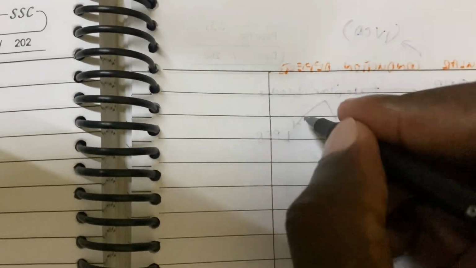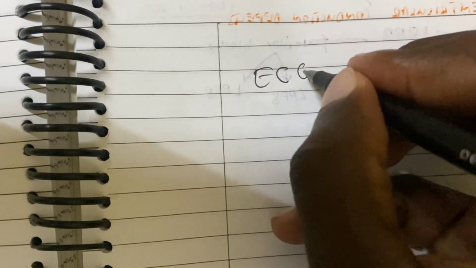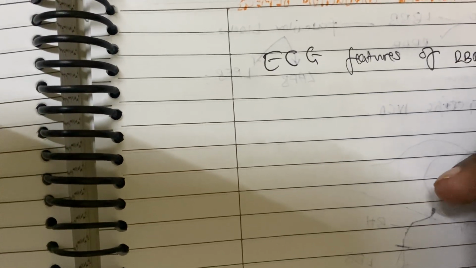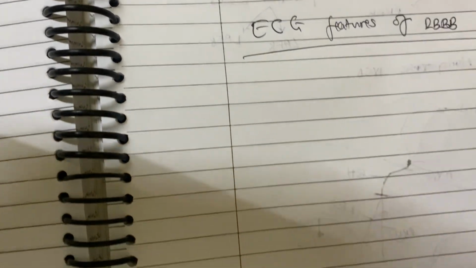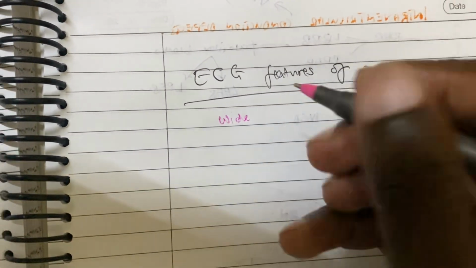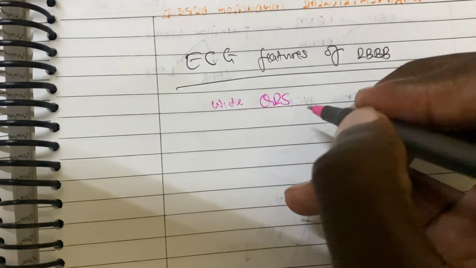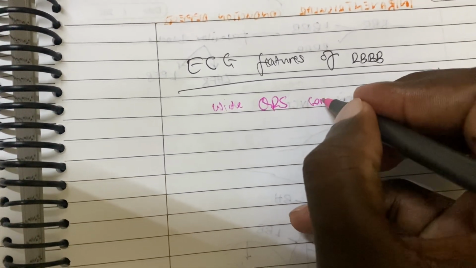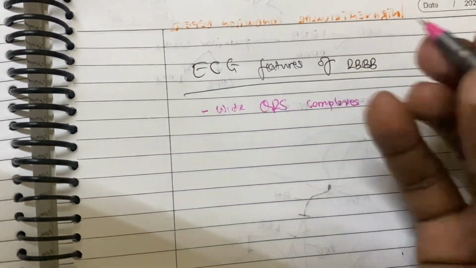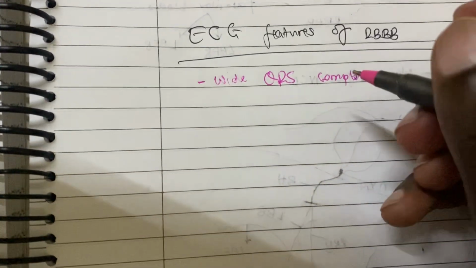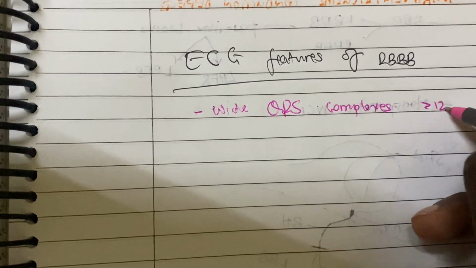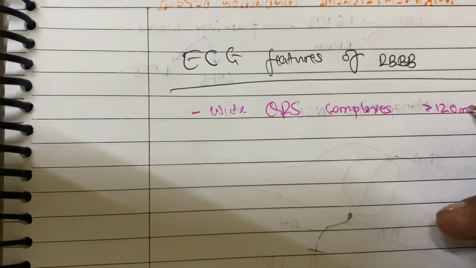Now features of RBBB, so we can write as ECG features of right bundle branch block. What do we expect? We expect wide QRS complexes. Normal QRS is less than 120. So in RBBB, if it's complete, duration is above 120 milliseconds.